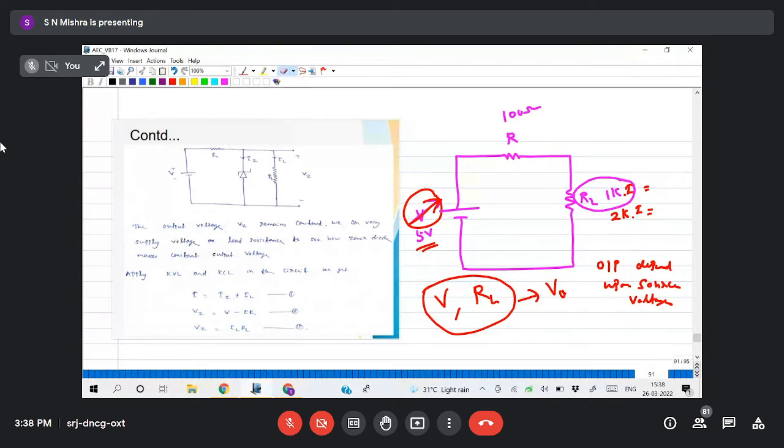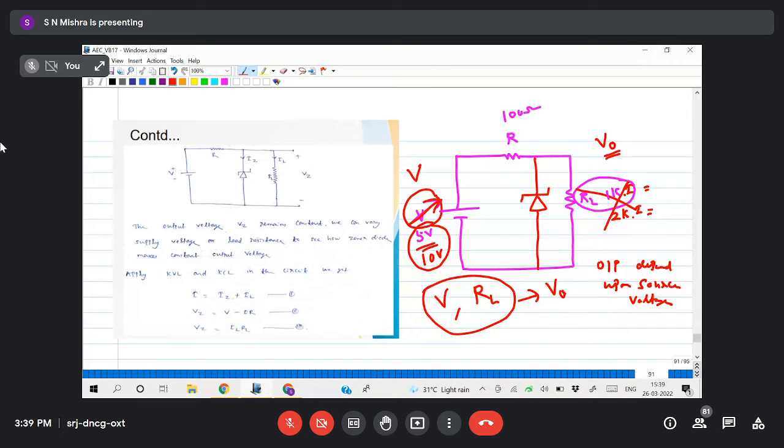Now I'll connect one Zener diode here, parallel to the load in reverse bias condition, and I will observe that the change in source voltage from 5 to 10 volt will not affect my V naught, and change in load resistance will not affect my V naught.